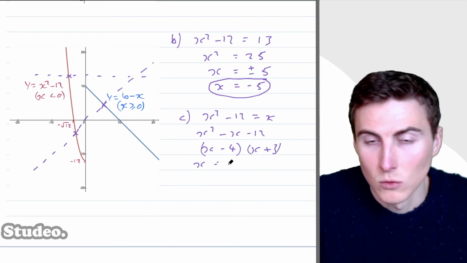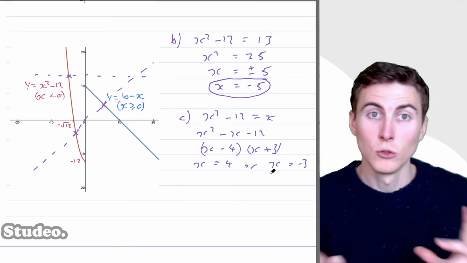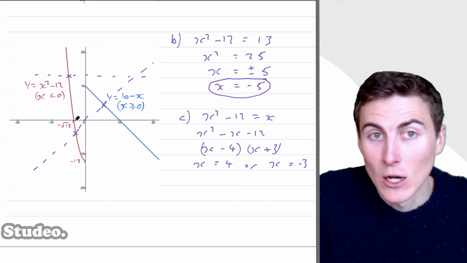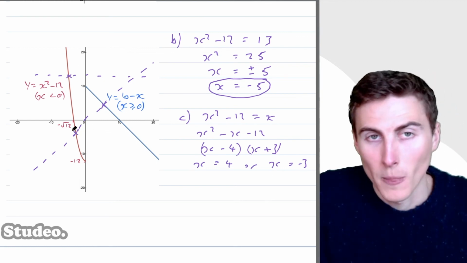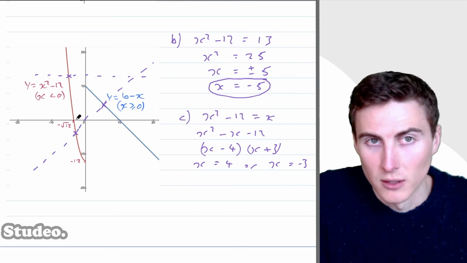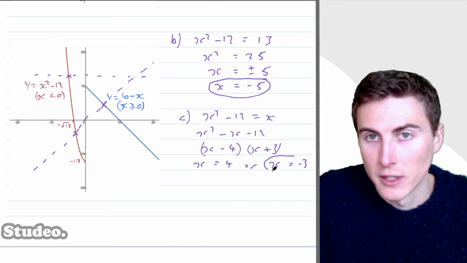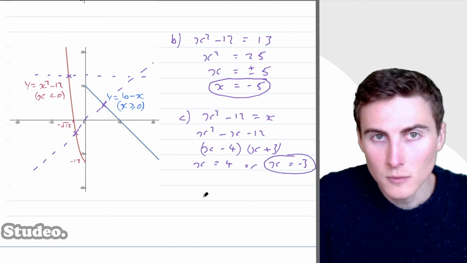So x equals positive 4 or x equals minus 3. So two solutions. However, looking at my graph, I can tell it's minus 3, because this x value is around here, at minus 3. It's not over here at 4. So this here is my answer.